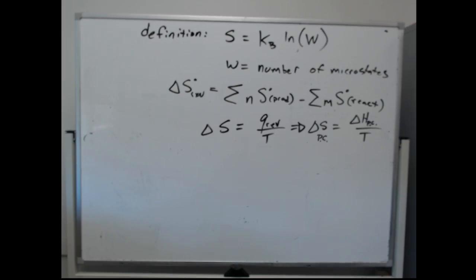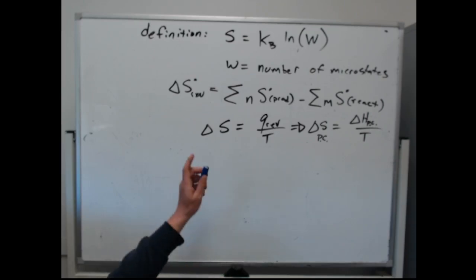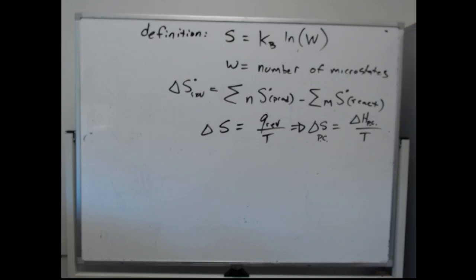A lot of classes start with this definitional understanding, which honestly, after looking at this for 10 years, I don't think really helps us understand entropy. I feel like the idea of microstates does help us, right?